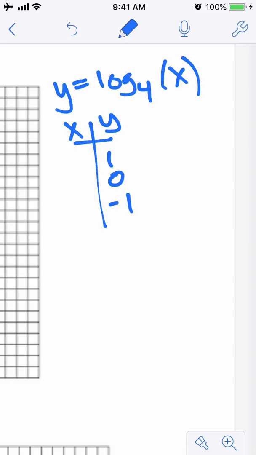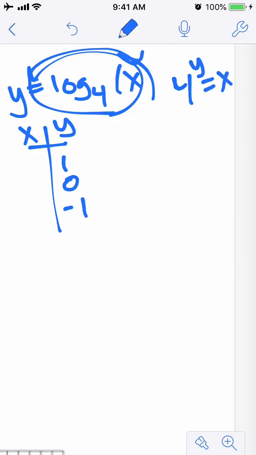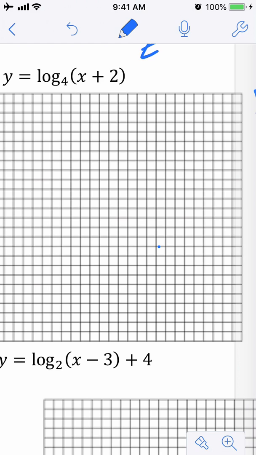All right, log 4. Let's convert this. 4 to the y equals x, so 4 to the first equals 4, 4 to the 0 equals 1, 4 to the negative first equals 1/4. Cool, I have enough information to graph this now.